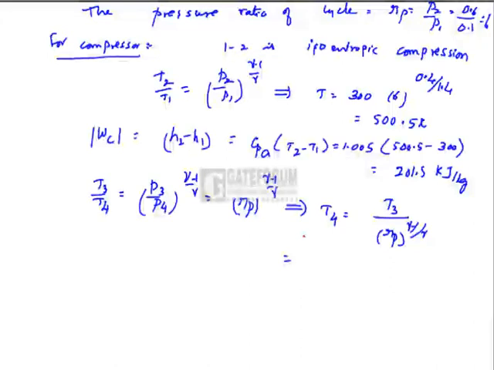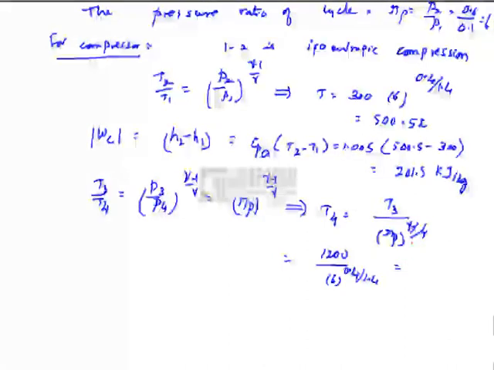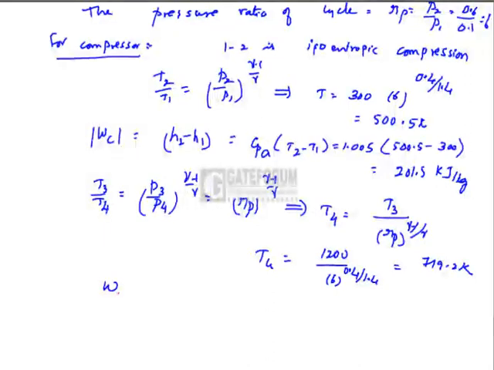T3 is given as 1200, maximum temperature, divided by 6 to the power of 0.4 divided by 1.4. T4 is obtained now as 719.2 Kelvin. Therefore, work of expansion by the gases in the turbine is equal to H3 minus H4, which can be written as Cp of air into T3 minus T4. That would obtain as 483.2 kilojoule per kg.